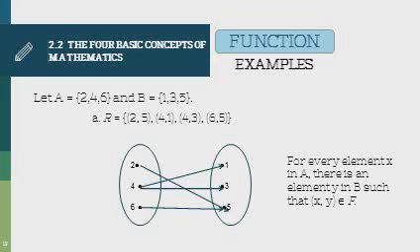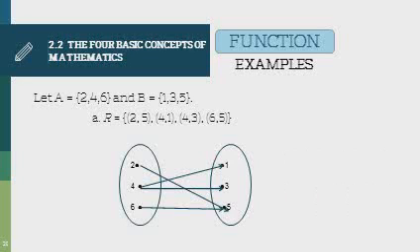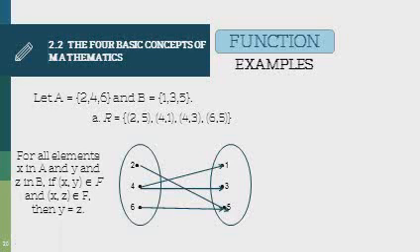For every element x in A, there is an element y in B such that x, y is an element of F. For all elements x in A and y and z in B, if x, y is an element of F and x, z is an element of F, then y is equal to z.